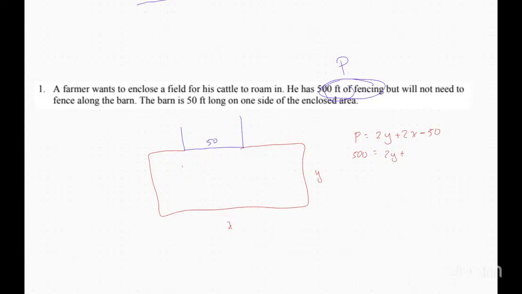So let's add 50 to both sides: 550 equals 2y plus 2x. Let's divide everything by 2, so 275 equals x plus y. That's the relationship between x and y, and we're trying to maximize the area, which is x times y.